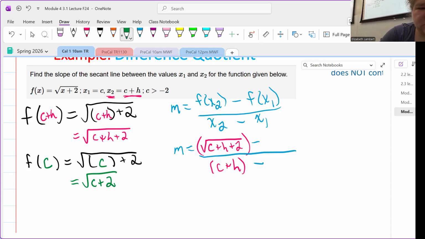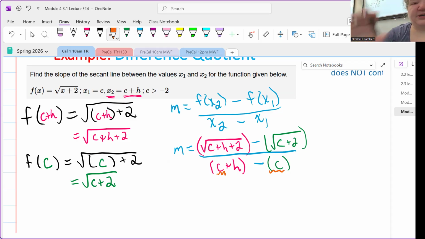And then my f of x1 is the other square root, just the square root of c plus 2. And on the bottom, this is just c. So the bottom, at least, we're still seeing our nice, oh, look, the c's cancel and we just have an h on the bottom again.